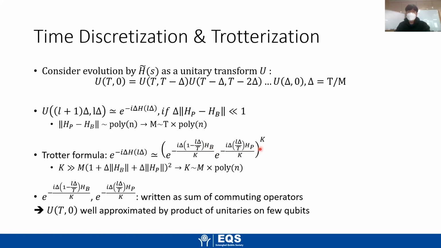Because of the properties of HB and HP, mainly that the number of clauses is only polynomial in the problem size, we can show that this UT, 0 is well approximated by a product of unitaries on only a few qubits. So basically, we can write AQC as gate-based quantum computing. This is the big idea behind the proof. And I think the main important thing that we want to take away from this is that AQC can be written with gate-based quantum computing, and we can prove this using these 2 main ideas.